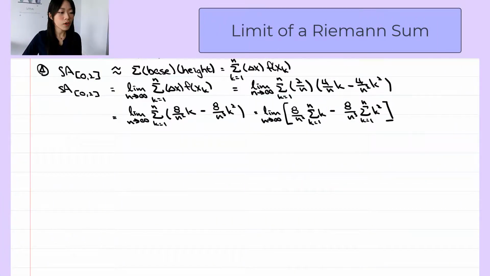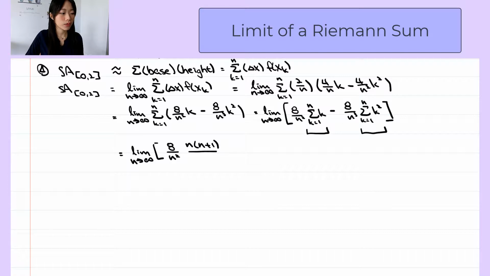Then we can use the summation formulas to substitute the sum of k and the sum of k squared. So this equals the limit as n approaches infinity of 8 over n squared, and the sum of k is n times n plus 1 over 2, minus 8 over n cubed, and the sum of k squared is n times n plus 1 times 2n plus 1 over 6.